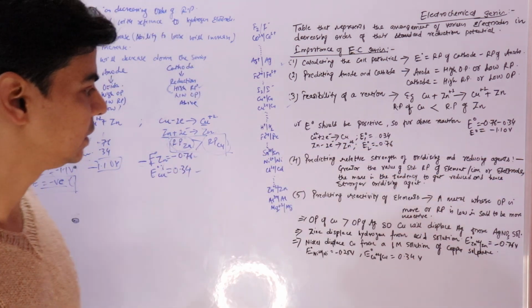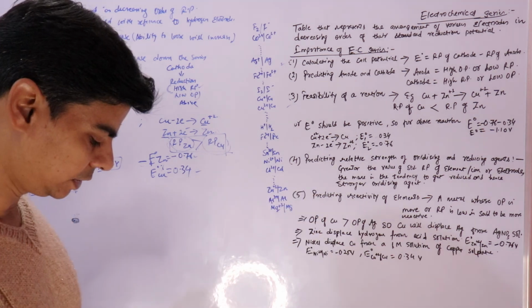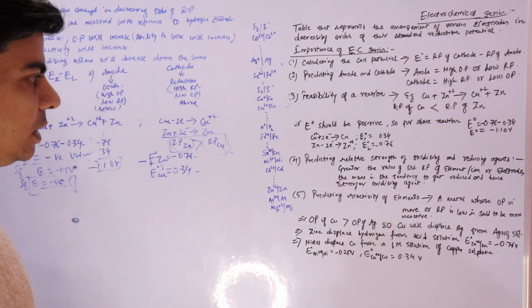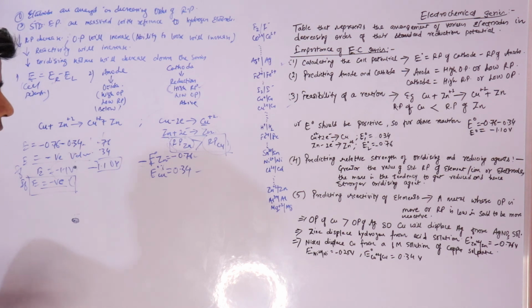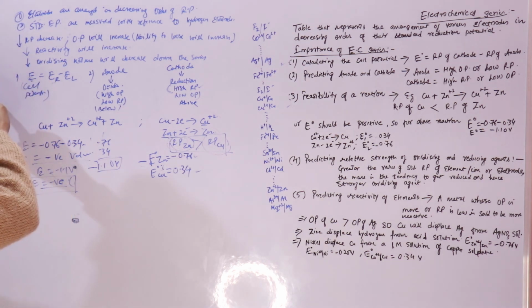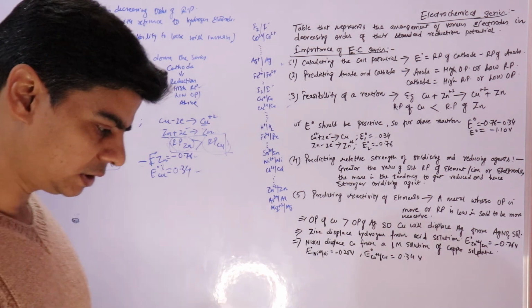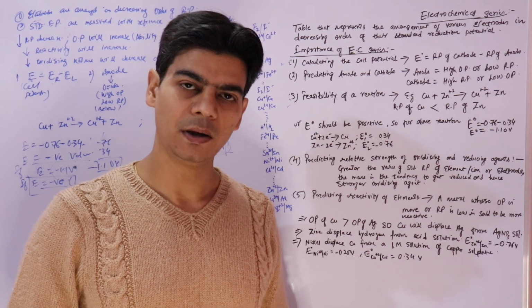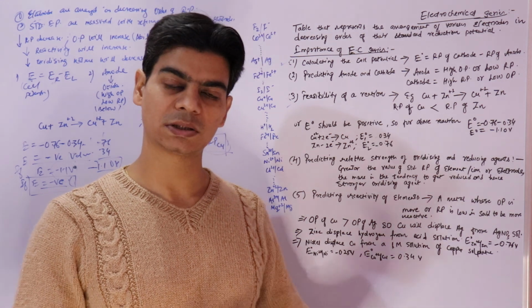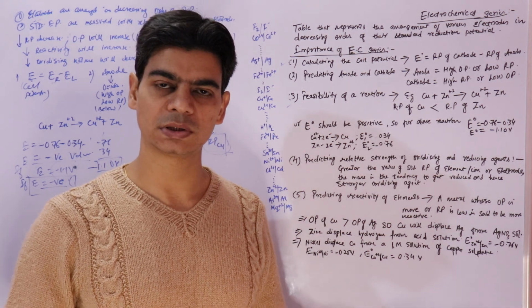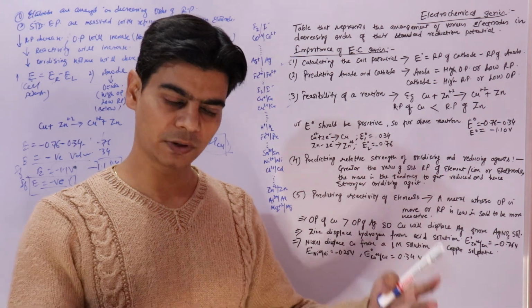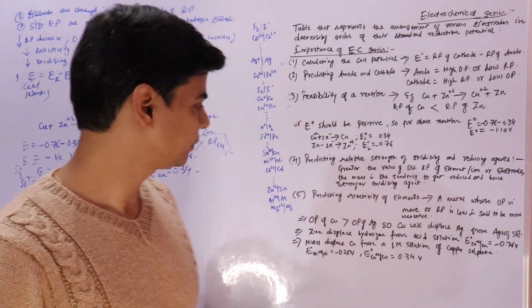Second is predicting the relative strength of oxidizing and reducing agents. We have already discussed that oxidizing nature will decrease down the series. If oxidizing nature is decreasing down the series, that means, since reduction is opposite of oxidation, reducing power will increase down the series.